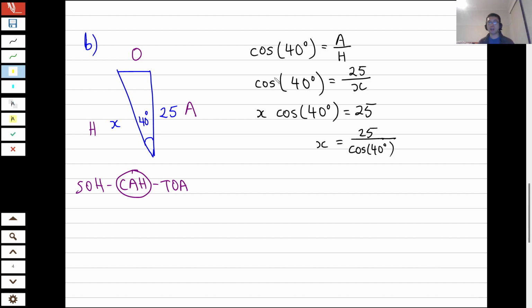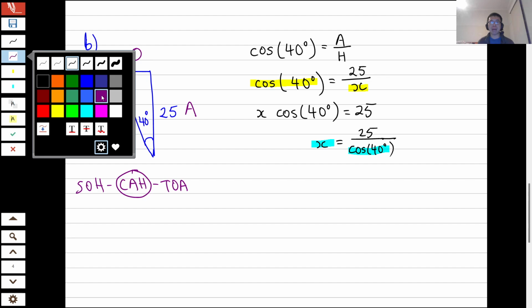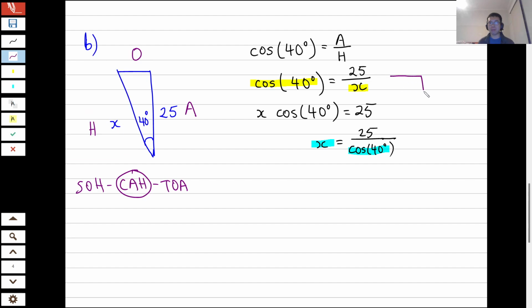And again, notice cos 40 and X swapped positions, I should say. If you don't want to do the algebra, I'm happy for you to go from this step directly to this step in one go.